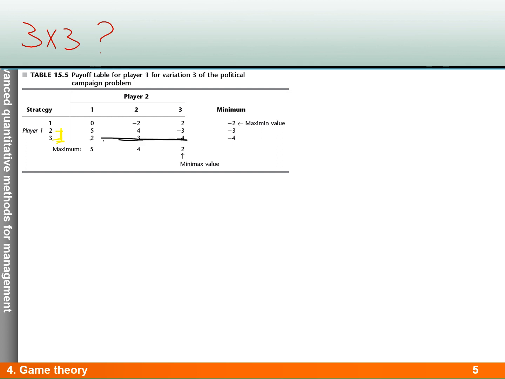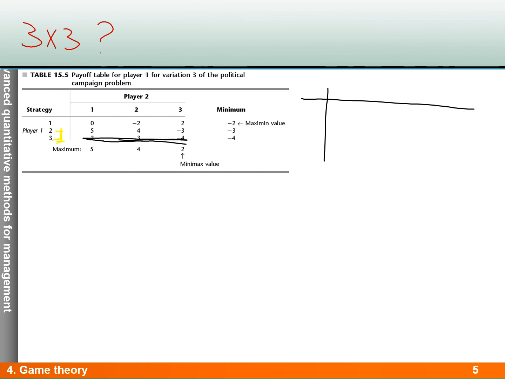So I can eliminate this row. What remains for us is a table of 2 multiplied by 3.